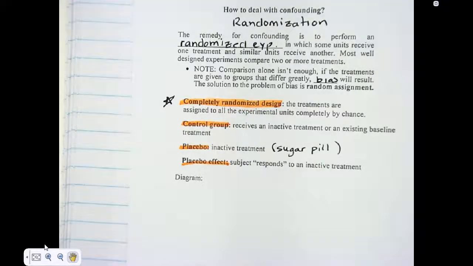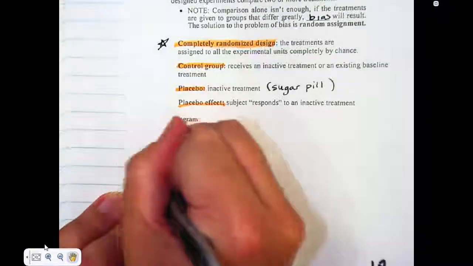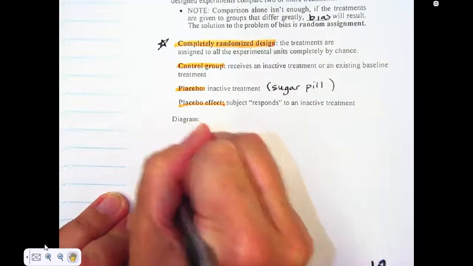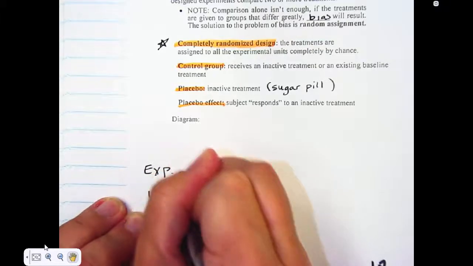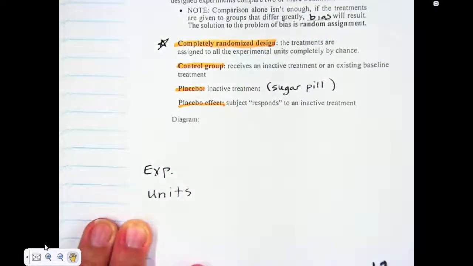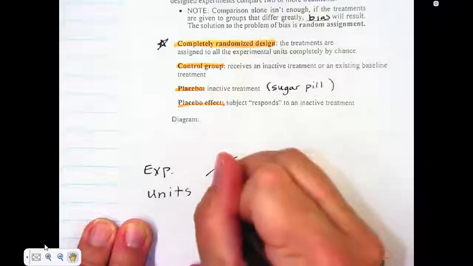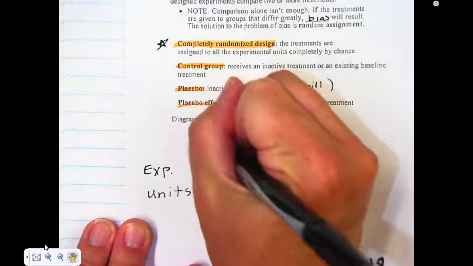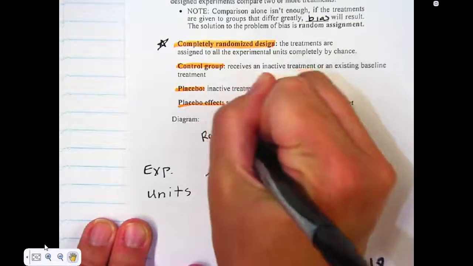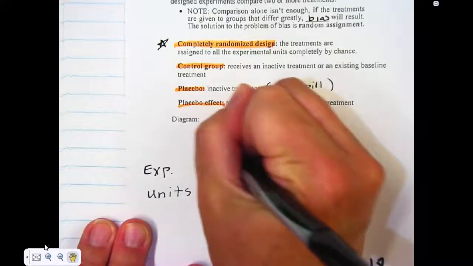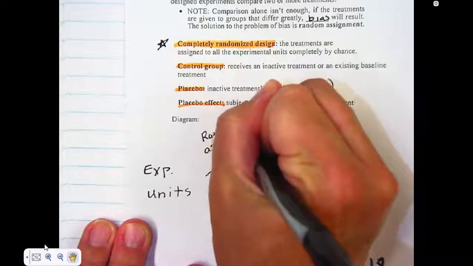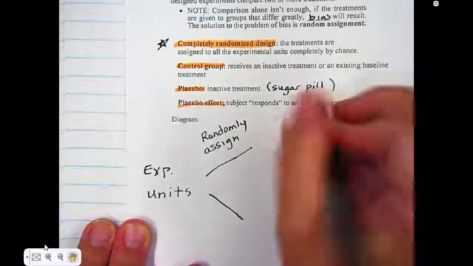So what you need to have is a basic diagram when we're setting up our experiment. Pretty much, you're going to start off with whatever your experimental units are. Now, to your experimental units, you need to randomly assign, and yes, you have to write randomly assign here. We don't assume anything. And then that goes to the different treatments.